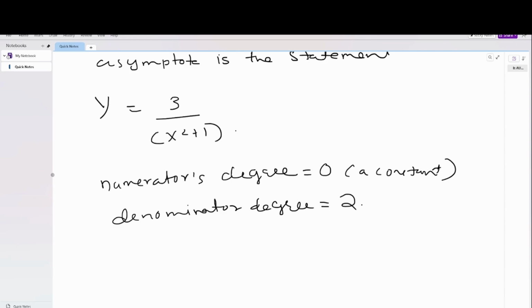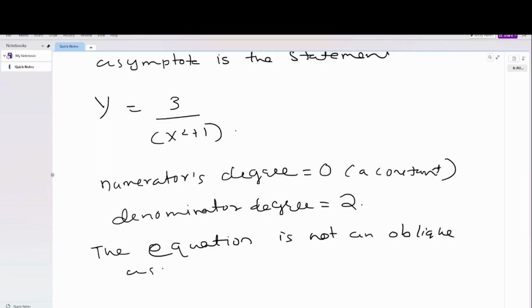So hence the equation does not have an oblique asymptote. So the statement is false.